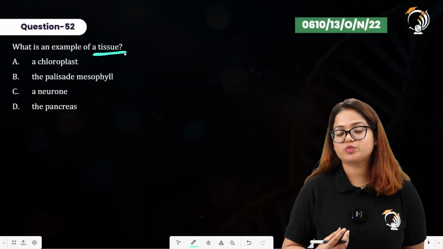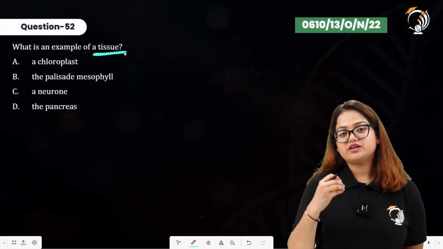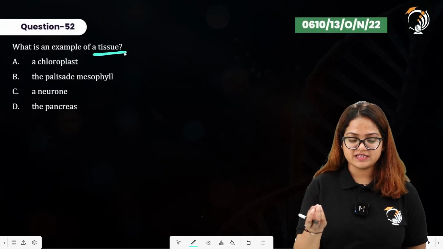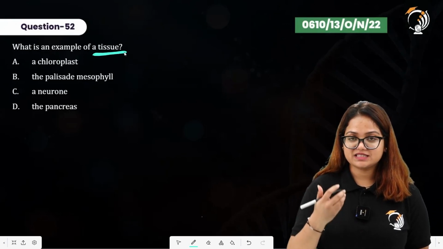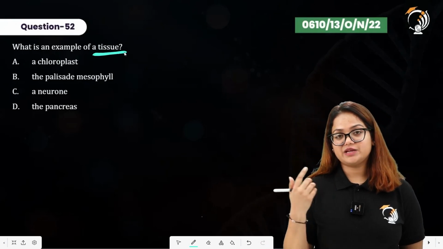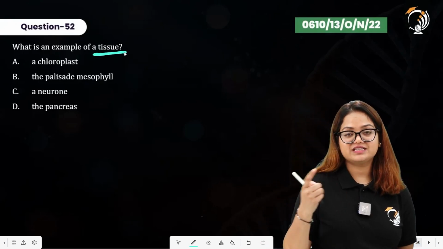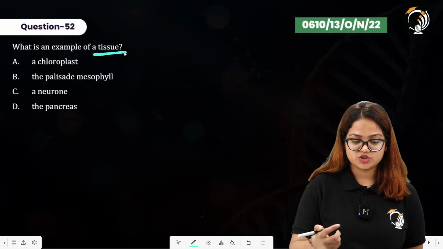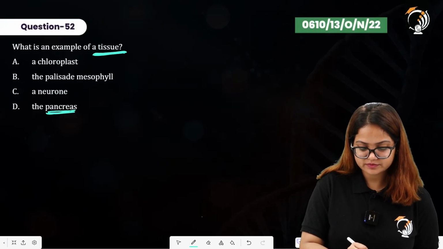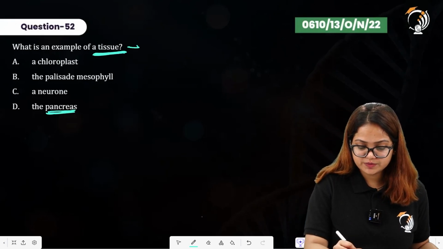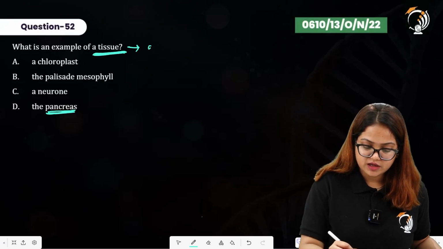Tissues are a group of cells that are similar in function and perform a similar function basically. So a chloroplast is a type of cell organelle and not a tissue here. The palisade mesophyll is there, a neuron is a cell, and the pancreas is an organ.